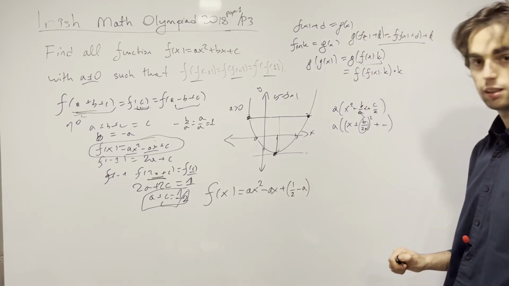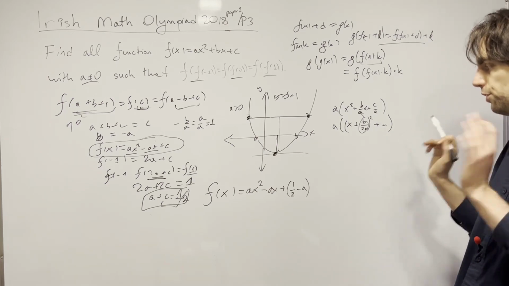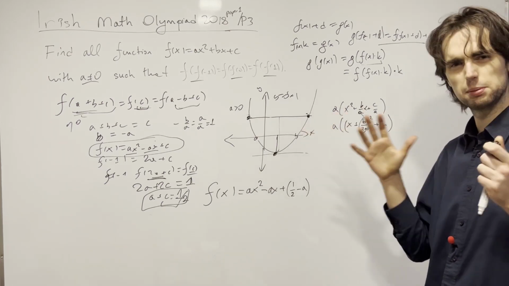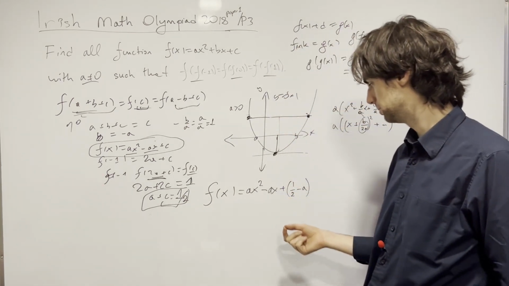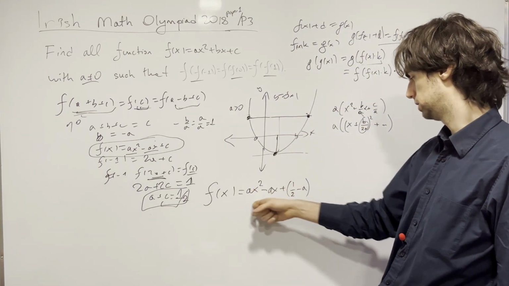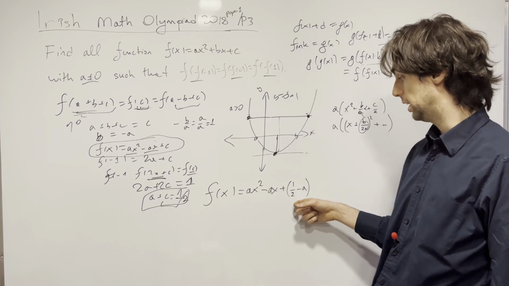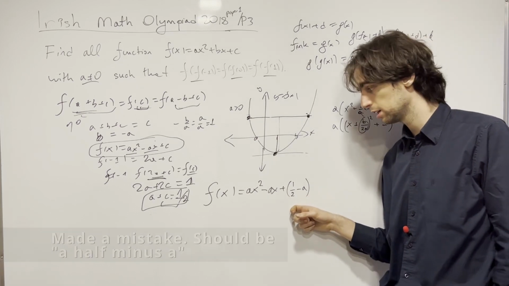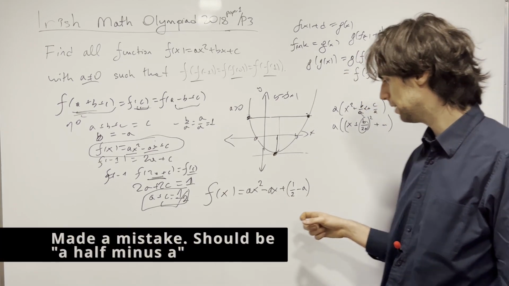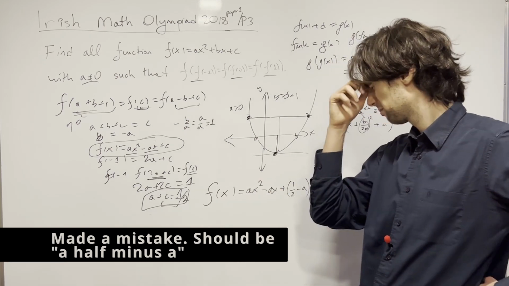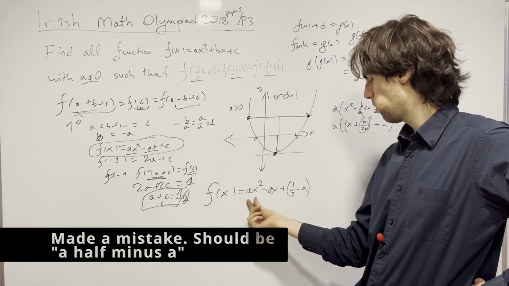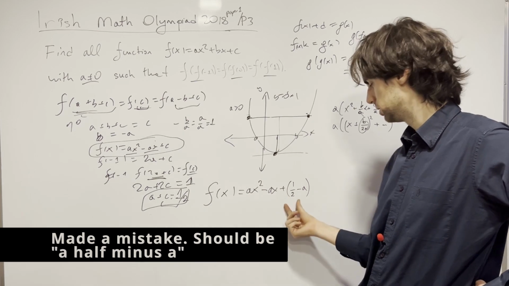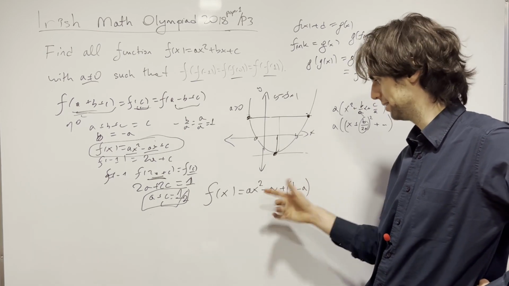Okay? Now let's, just to be doubly sure, check that we haven't made any algebraic mistake here. When we check 0, f of 0 is going to be, and then f of a half is going to be, actually, no, this is going to be a half minus a, my bad.